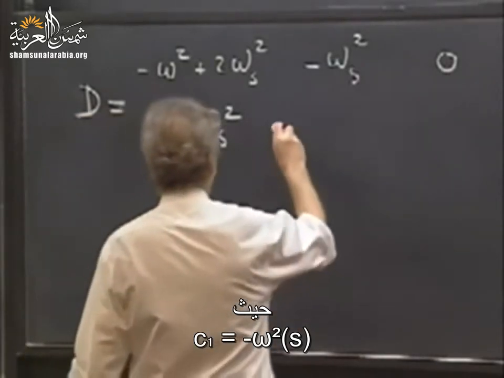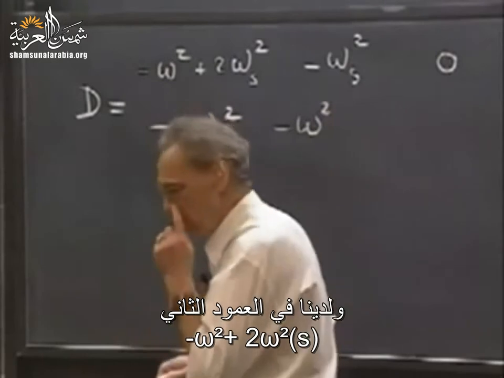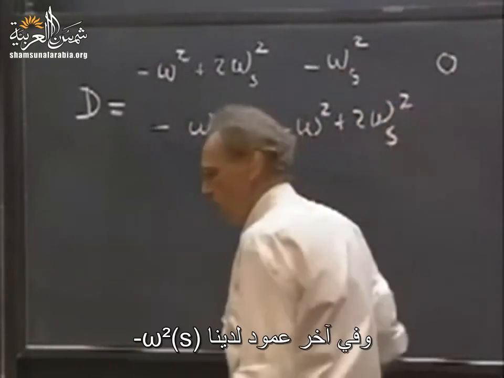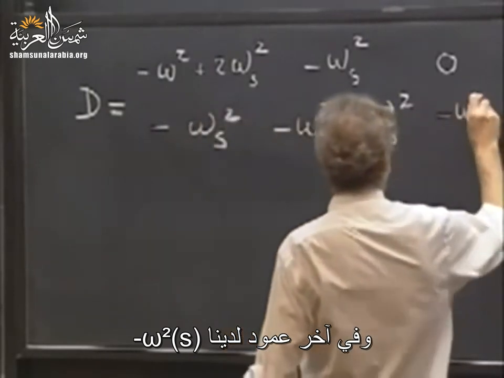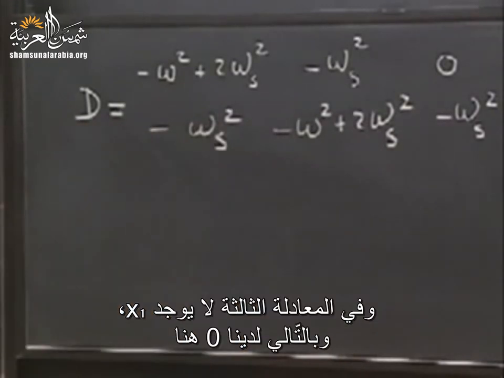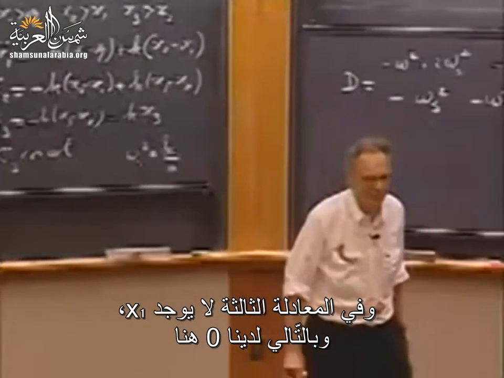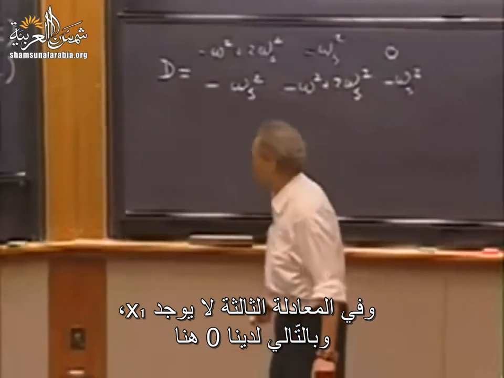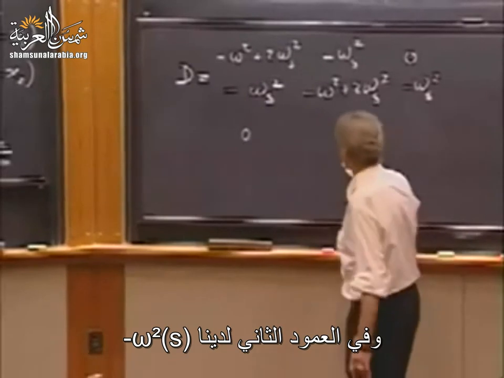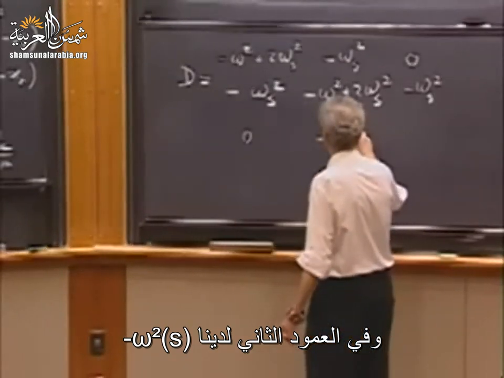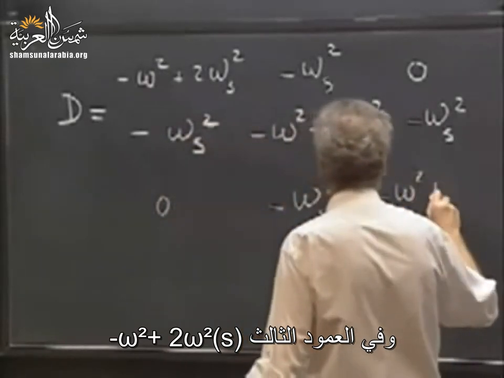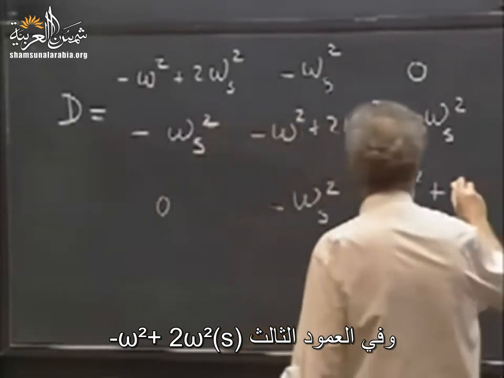And then you get here minus omega squared, I think it is plus 2 omega s squared. And your last column is going to be minus omega s squared. Now the third differential equation, there is no x1. Therefore, that is a 0 here. And then you get minus omega s squared. And then here you get minus omega squared plus 2 omega s squared.